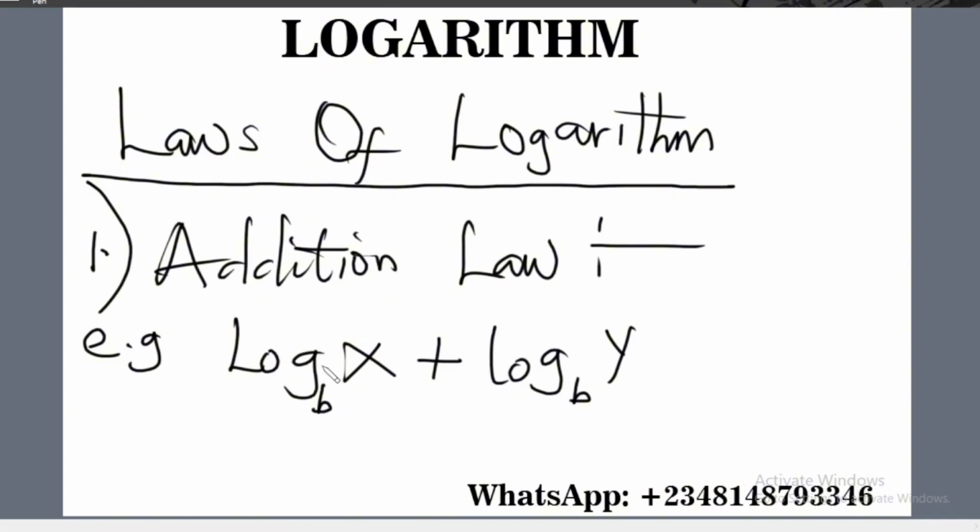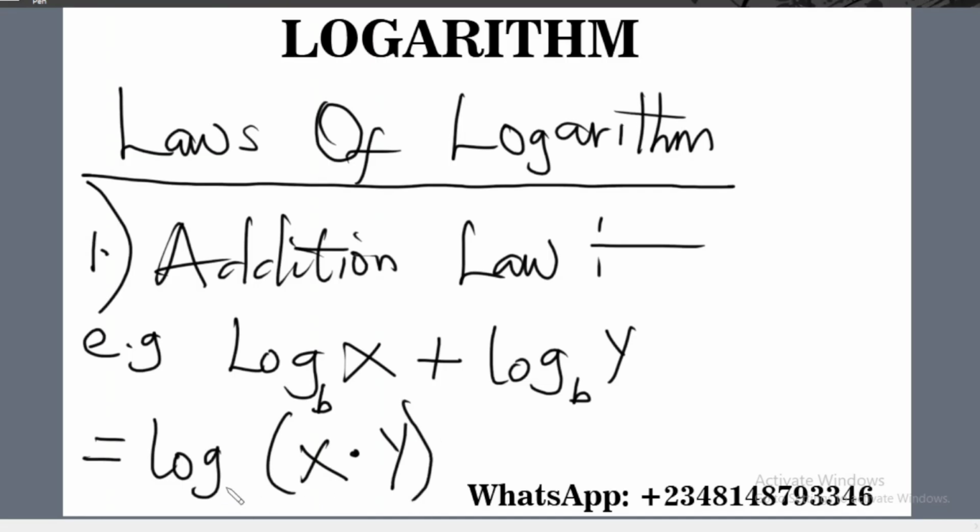So here we have two logs that have the same base, base b and base b. So our answer becomes the product of the two arguments. x is an argument and y is also an argument. So it becomes log x multiplied by y to base b.